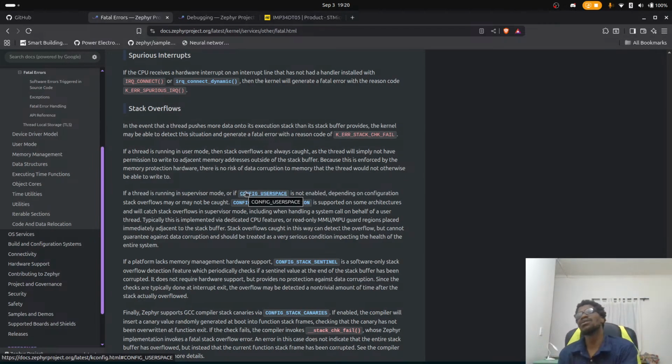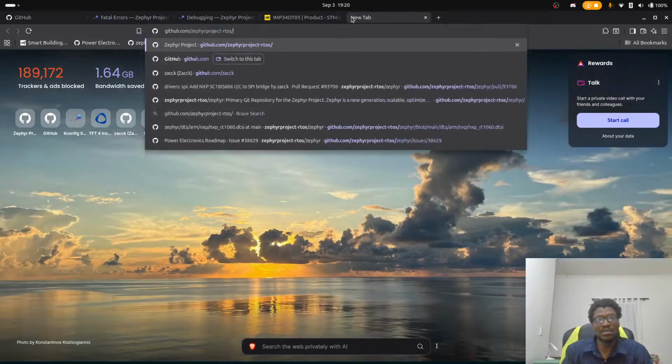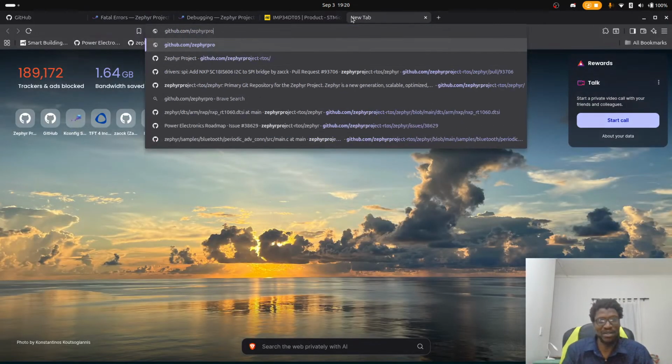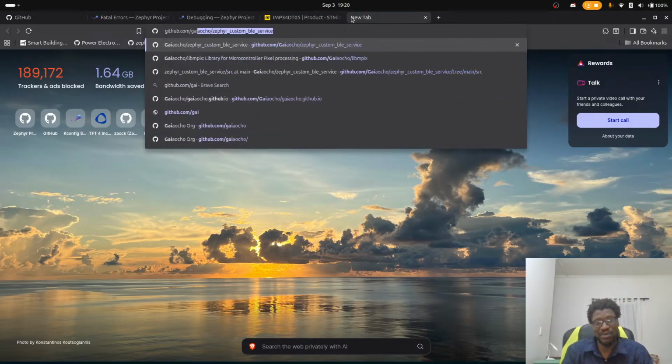And then, as usual, which I suspect is the thing that we're going to be facing here, is stack overflows. Whenever you have a thread and the thread has an assigned amount of stack, like our BLE apps, should I call it, the BLE app I've been working on.